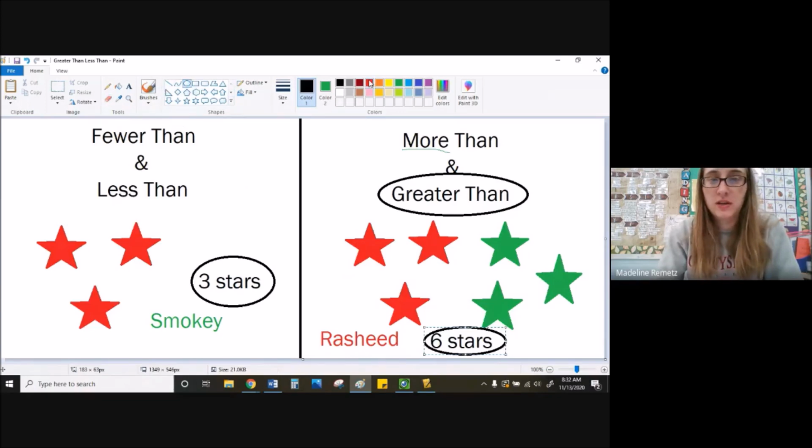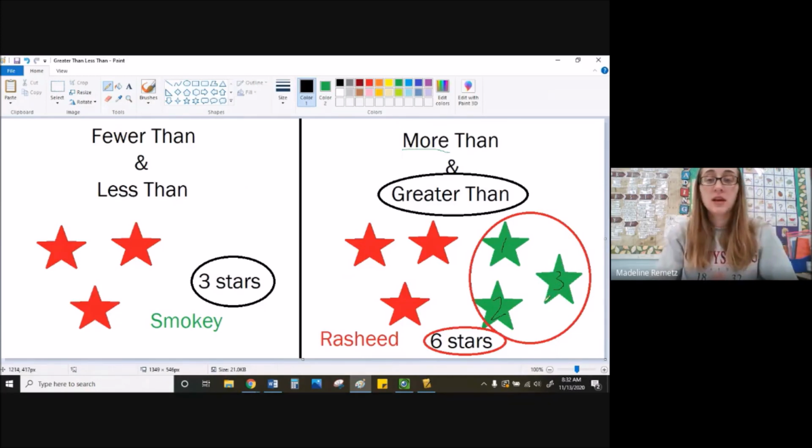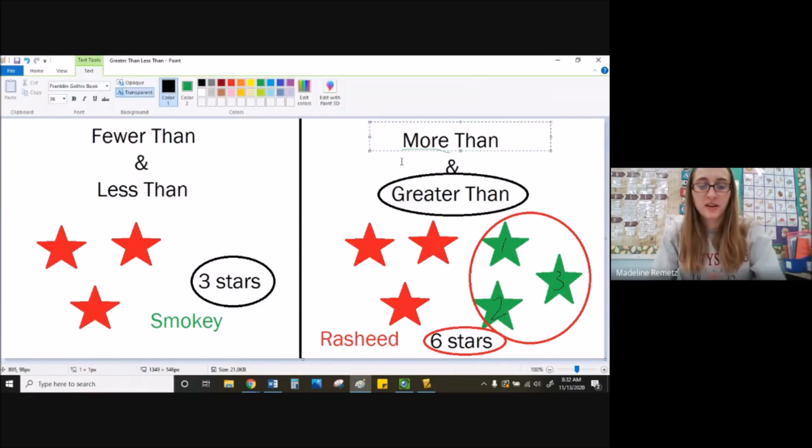So I want you to look at it and let's see. So he has 3, he has 3. But then it seems like he has this many more stars. So he has here 1 star, 2 stars, 3 stars. That means that Rashid has 3 more stars than Smokey, because 3 is less than the number 6.